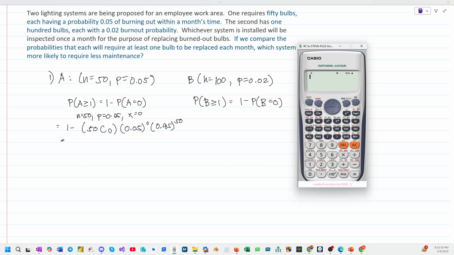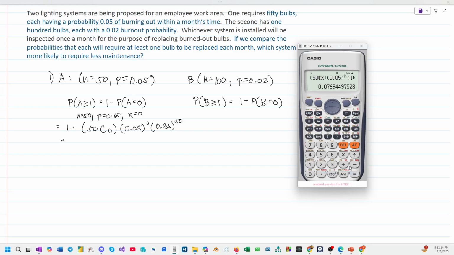Isa kasi hindi kinakaya. 50 combination of X, 0.05 raised to X, then 1 minus 0.05 raised to 50 minus X, X equals to 0.